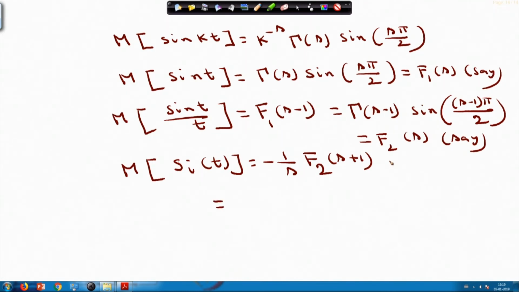So, that f2 is known to us, and I can substitute this: minus 1 by s gamma(s) sin(s pi by 2). Therefore, the Mellin transform of the sine integral function, that is Si(t), is equal to minus 1 by s gamma(s) into sin(s pi by 2).